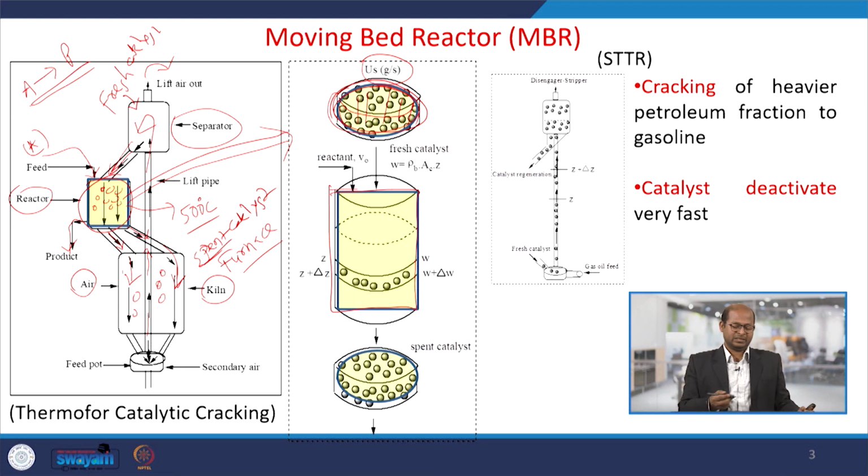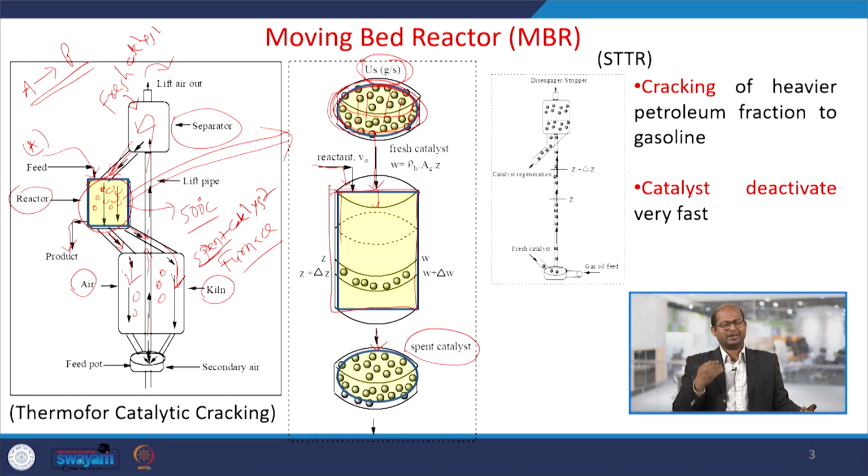So, it has a specified diameter and a length, and the catalyst bed would come here. It moves at a particular velocity, it may be 10 kg per second or 20 kg per second, that is the catalyst movement rate. So, the catalyst and the reactant are here. This is the reactor part we are showing, the catalyst bed enters the reactor, and after that the spent catalyst leaves the reactor. So, the bed of the catalyst is not fixed, there is movement.